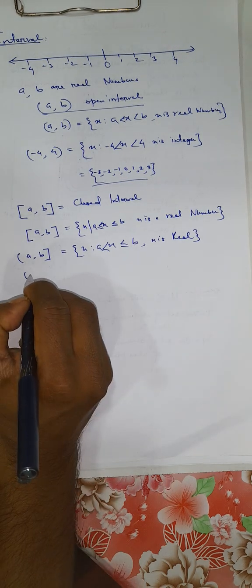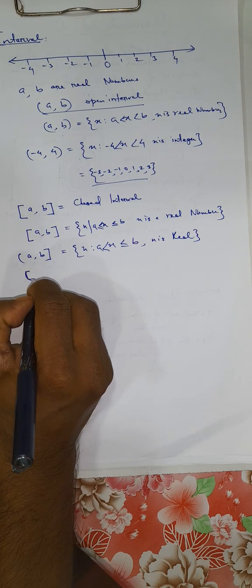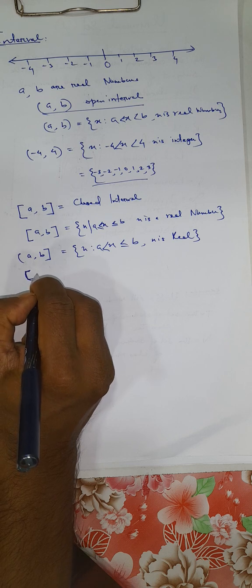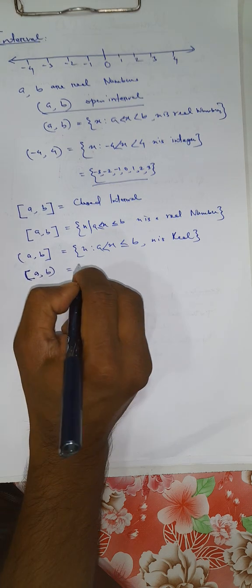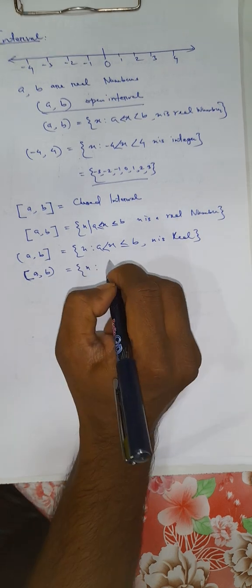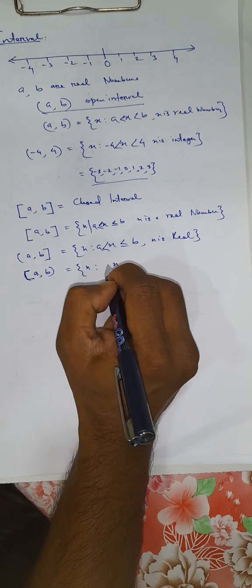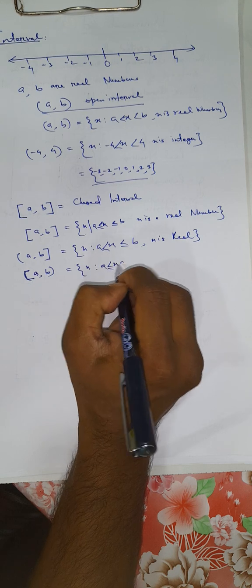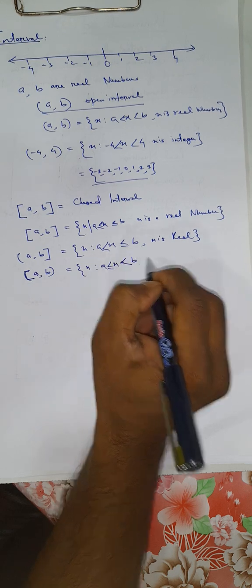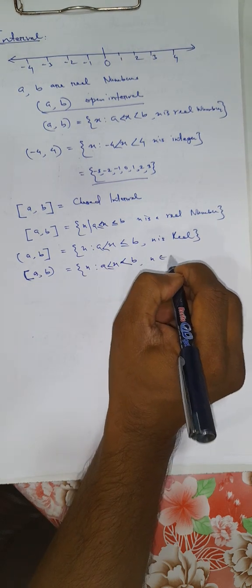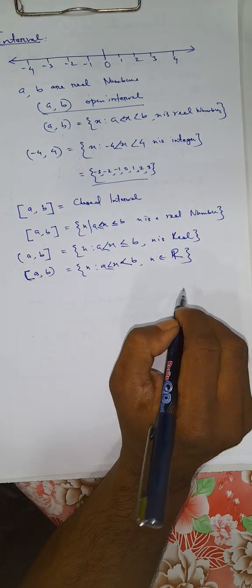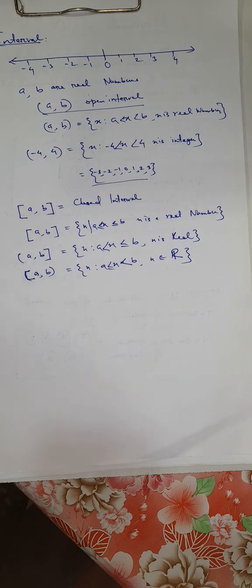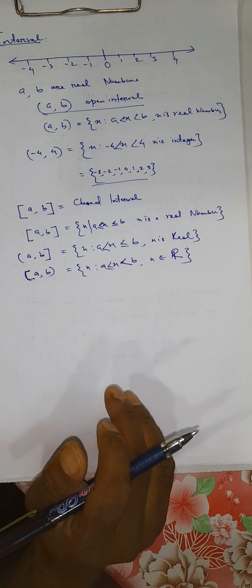Similarly, suppose this time closed on the left side, open on the right side. So this will represent x such that x is greater than or equal to a and x is less than b, x belongs to R, set of real numbers. Right. This is how we define intervals.